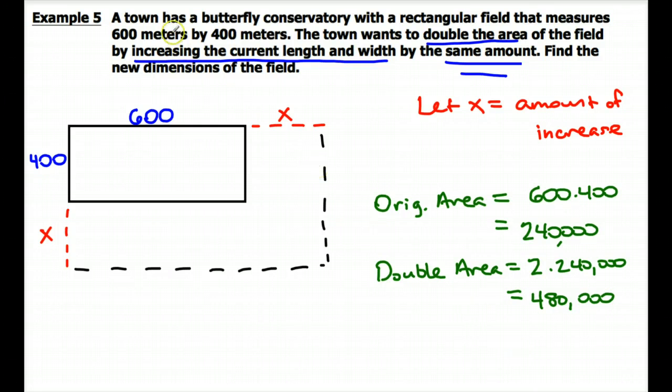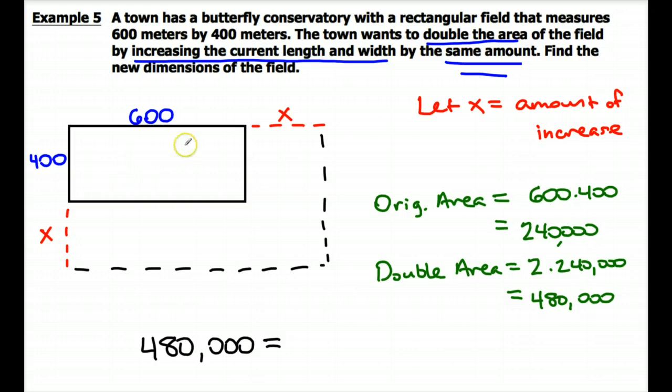Okay, so for my equation here, or my function, I'm going to write this. The area we want now, the double area, is going to be 480,000, and that's going to be equal to the new dimensions of our new field. The dimensions of our old field were 600 and 400.